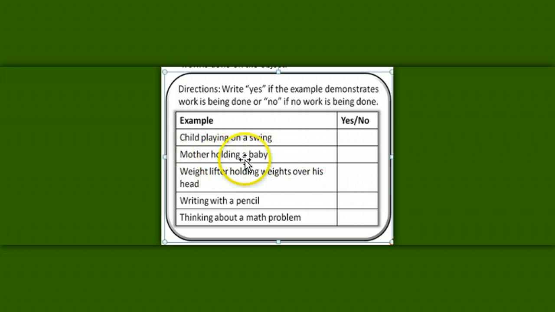What about a mother holding a baby? Is there a force? Yes, there's a force, but is it moving an object a distance? If the mother's just holding the baby against her, there's force to squeeze the baby to her, but is she moving it anywhere? It doesn't say she's rocking the baby. It just says the mother's holding a baby.